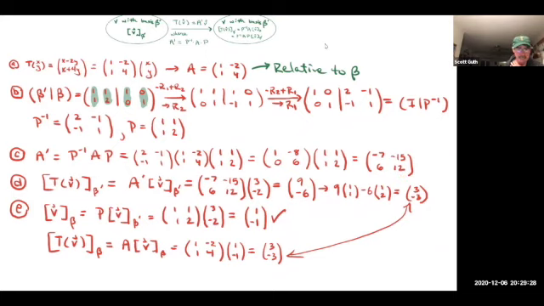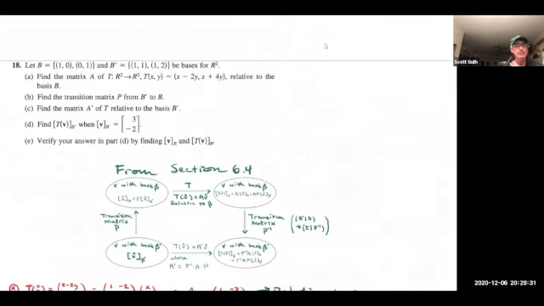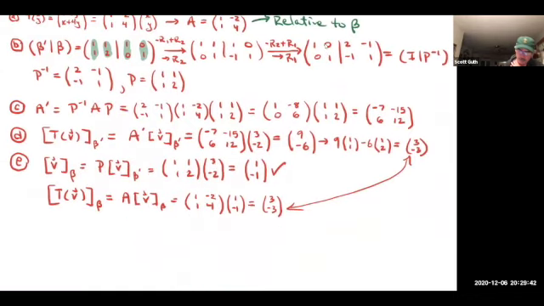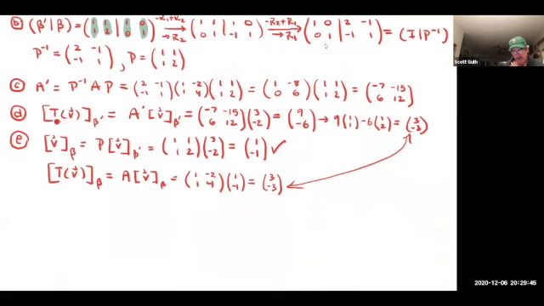And now they're asking in D to find T of V relative to beta prime, where they give you V relative to beta prime. So it's nothing more than understanding that to transform a vector relative to a given basis like beta prime, you have to know the standard matrix relative to that basis, which we call A prime, and you just multiply by the vector V relative to beta prime, multiply it out, and it comes out to be 9, -6.